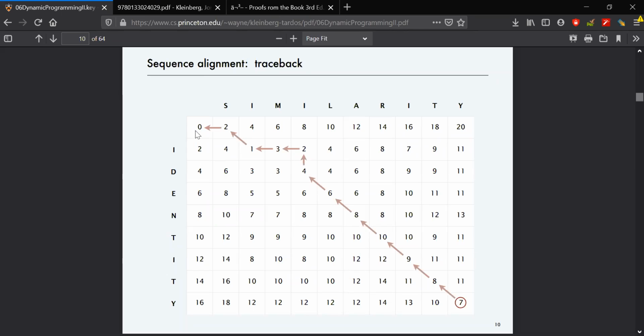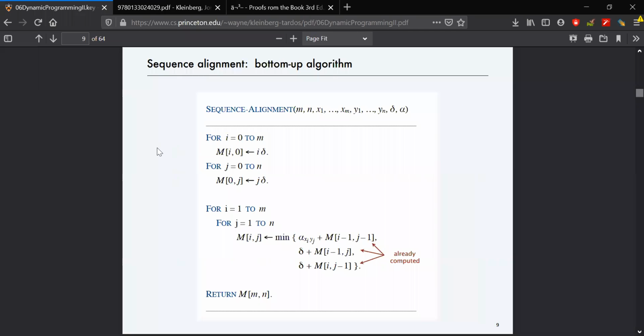When the length of the strings is 0, when there is nothing to match, you just put this quantity to be 0. When this is 0 and this is s, you put some cost, some constants. Now I want to look at one of the entries. When you want to match i and j, it does not matter what these other cells are, but this quantity is going to be the minimum of these 3 quantities. Okay, so let's go over there.